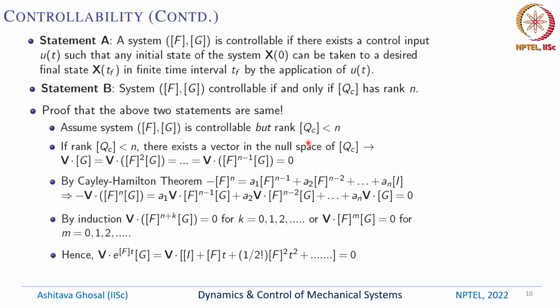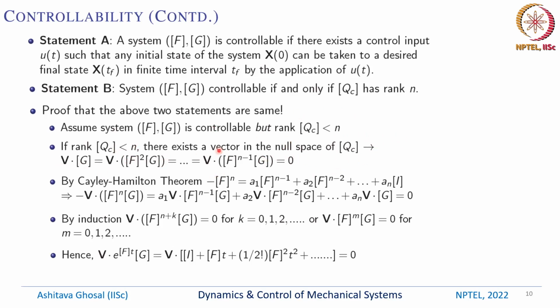The null space of QC will be one dimensional if the rank is 2. The basic idea is that if the rank of QC is less than n, there exists a vector in the null space of QC. This is a very basic result from linear algebra.